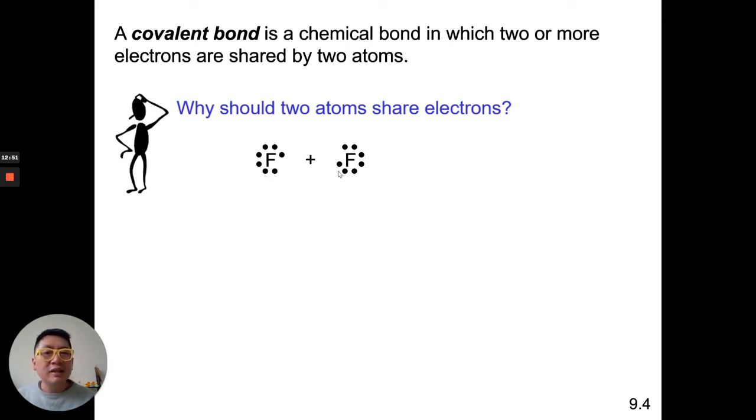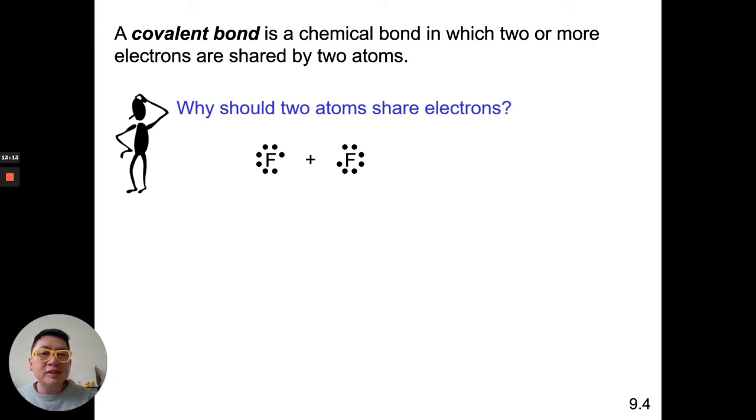It's conservation of mass: if something loses it, it has to be gained somewhere. But in these two atoms, why would they share electrons? Well, if one has 8, the other one has 6, and therefore it would never be stable.